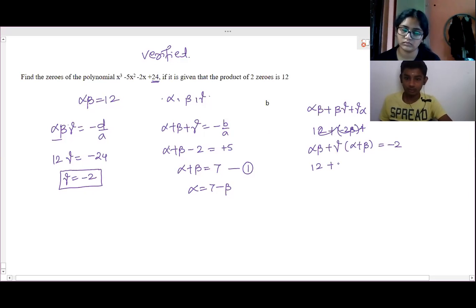Alpha is 7 minus beta plus beta, it gets cancelled, so we can't get it.